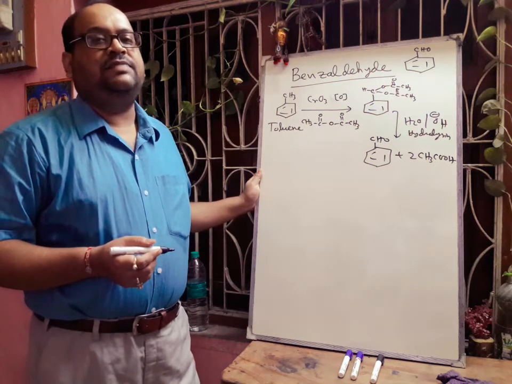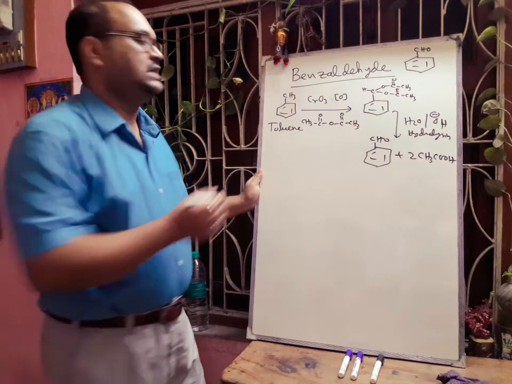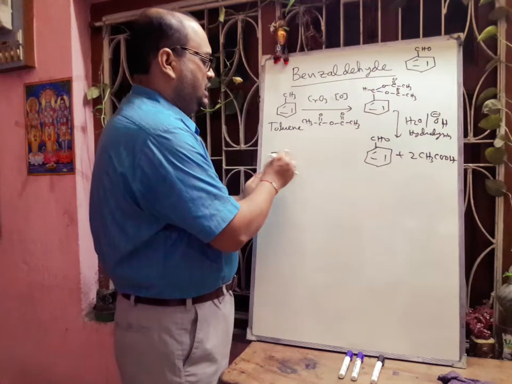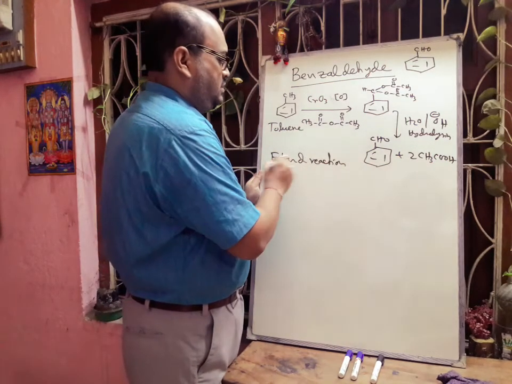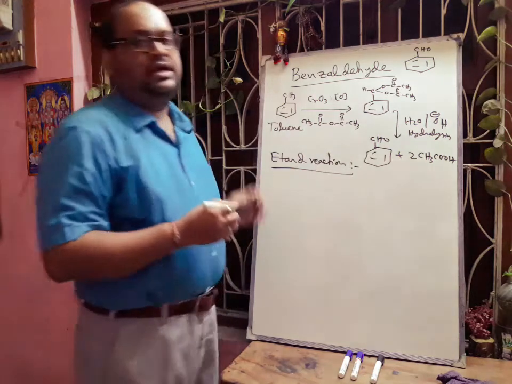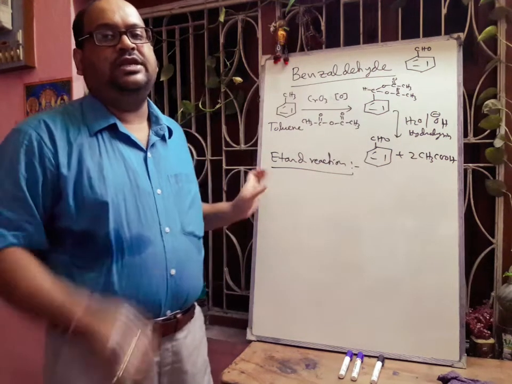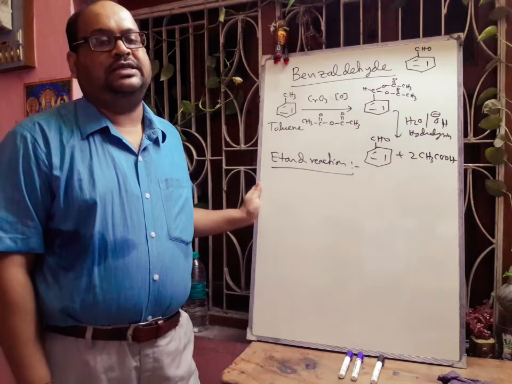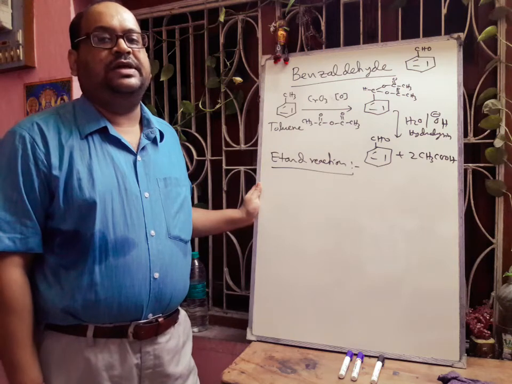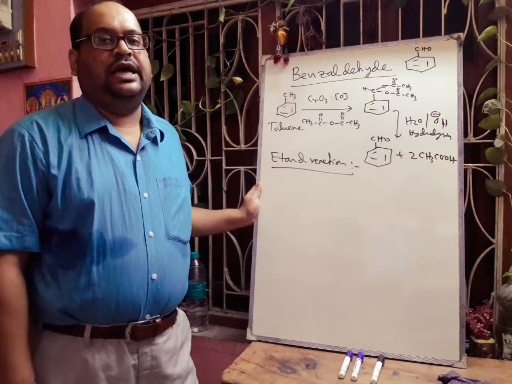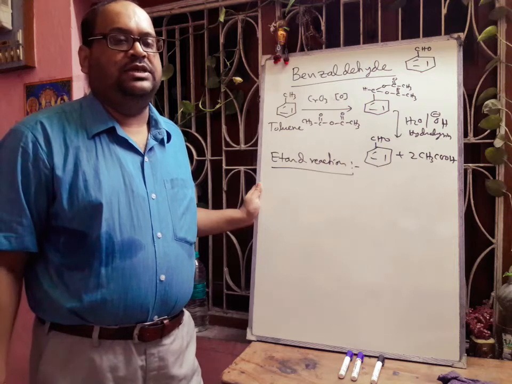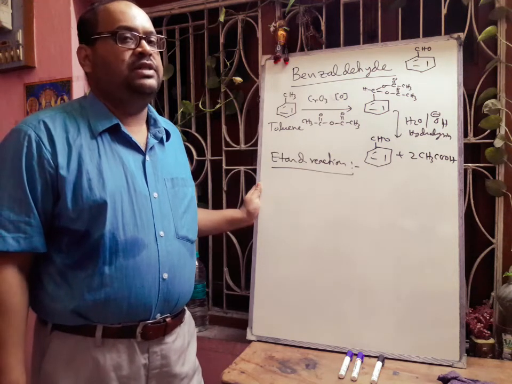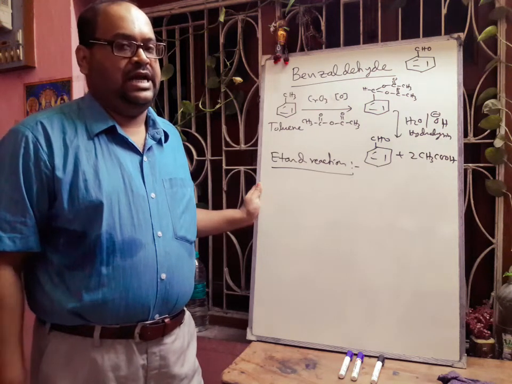Another very interesting preparation is called the Etard reaction. In this reaction, when toluene is oxidized with chromyl chloride, CrO2Cl2, in presence of carbon tetrachloride, a brown colored complex is formed, which on decomposition will give the corresponding benzaldehyde.